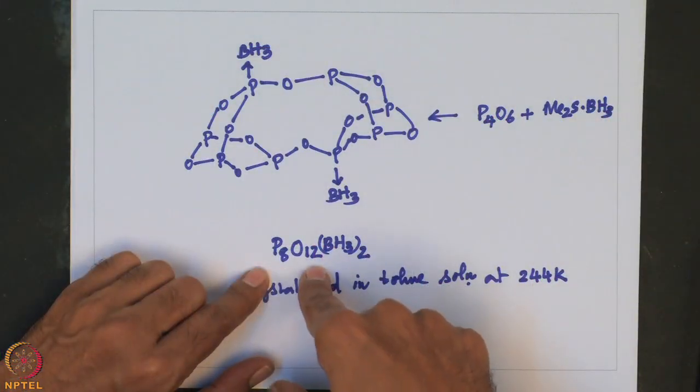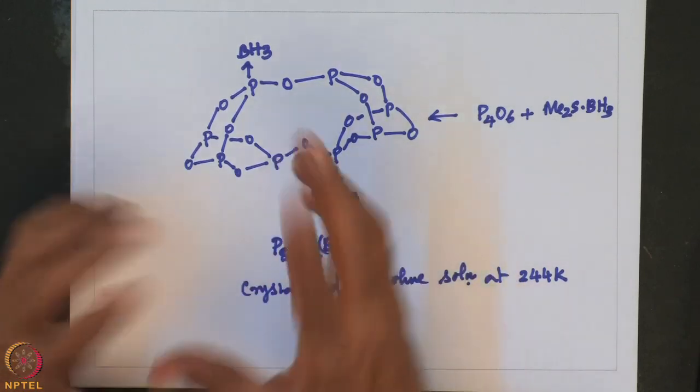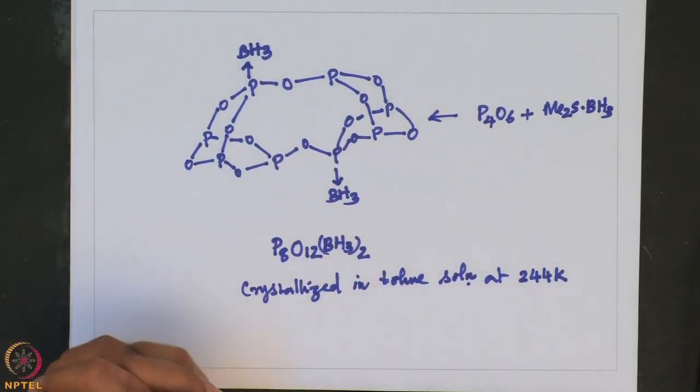As a result, reaction of this one and isolation is very difficult, and that is for the same reason, because of its high reactivity, the free form of P8O12 in its pure form is not isolated.